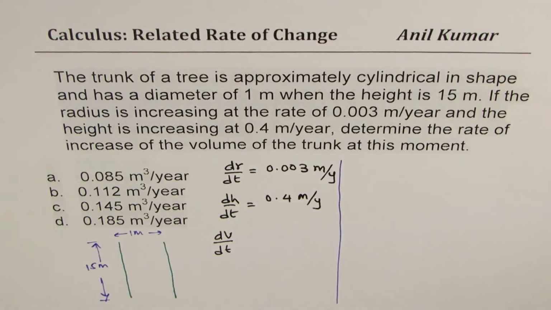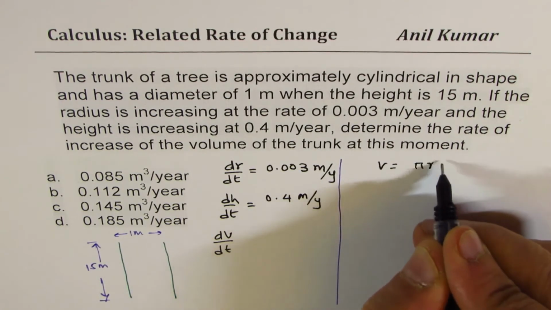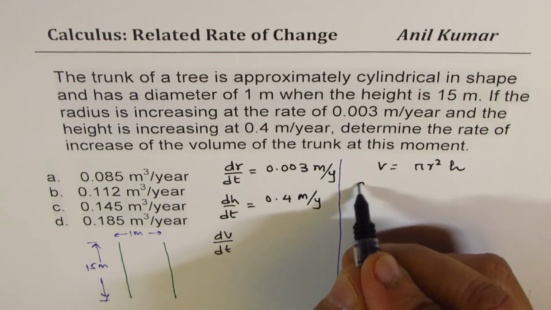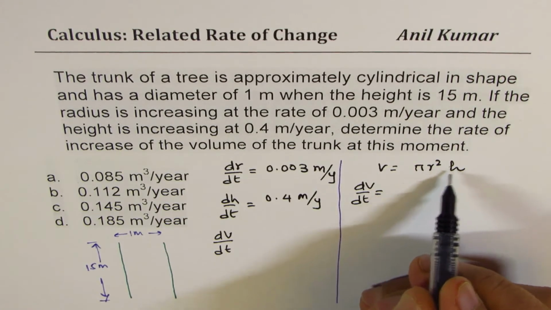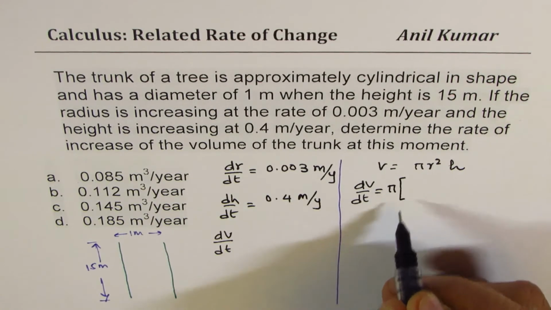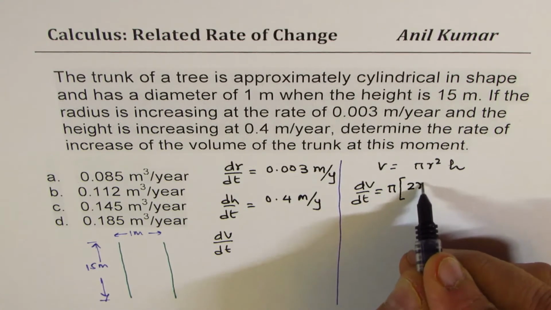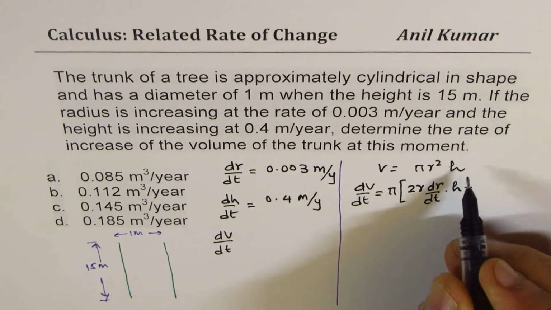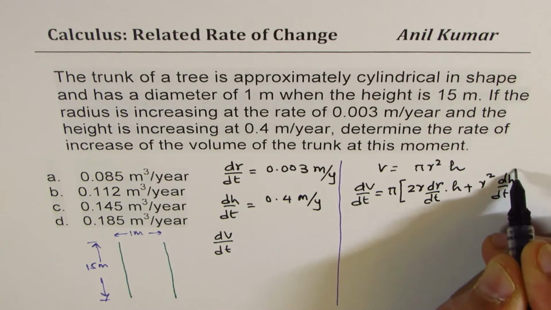So that's the question for us. Well, we know cylindrical is the shape, and therefore volume is equal to pi r square h. Now in this case both are changing with time. Do you see that? So we can write dV dt as equal to, r is variable, so we have to differentiate it like a product rule, correct? So we can take pi constant, and inside we'll apply the product rule. So it is 2 times r dr dt times h plus derivative of h this time, so r square dh dt.